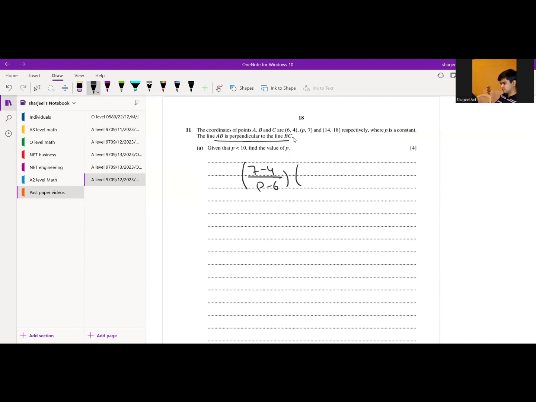P minus 6 into 18 minus 7 over 14 minus P equal to -1. We will simplify it to get 33 equal to minus P minus 6 into 14 minus P. So P square minus 20P minus 33 plus 84 equal to 0, which is P square minus 20P plus 51 equal to 0.